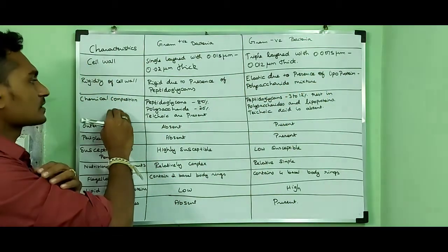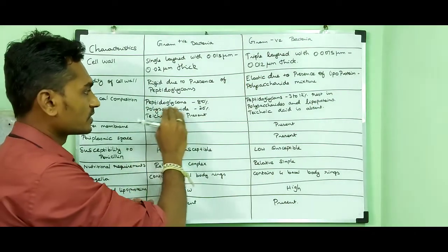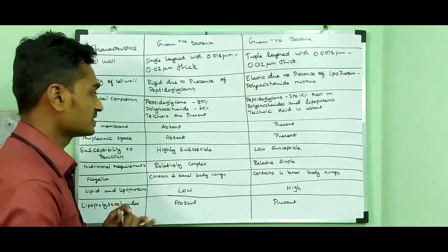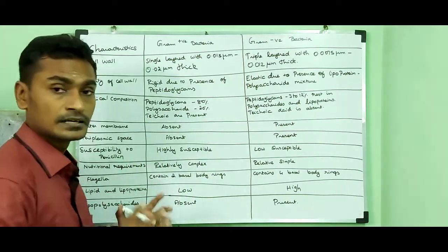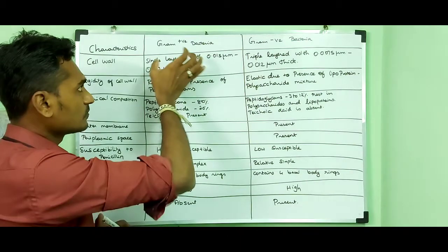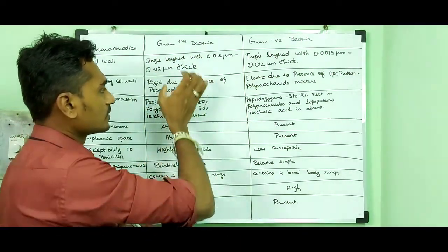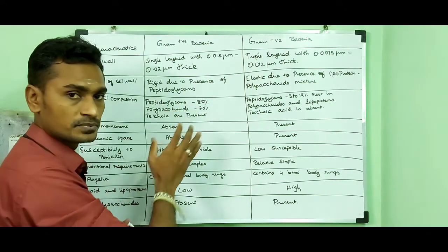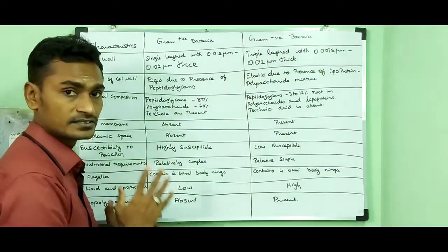Then chemical composition of the cell wall. In the cell wall of gram positive bacteria, the cell wall contains peptidoglycan 80%, polysaccharide 20%, and teichoic acids are present.